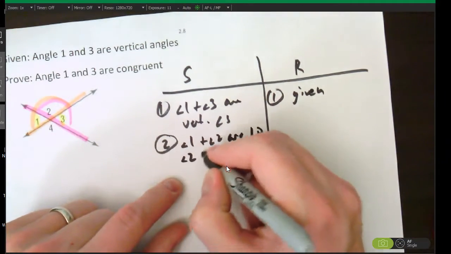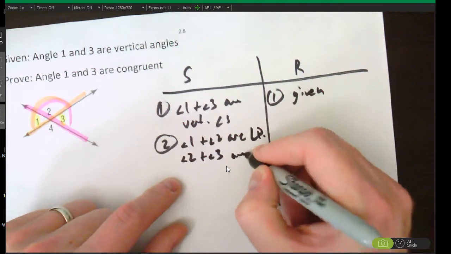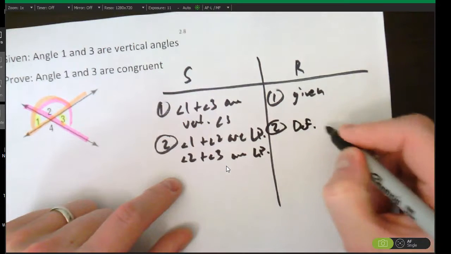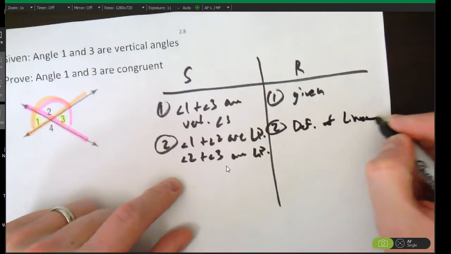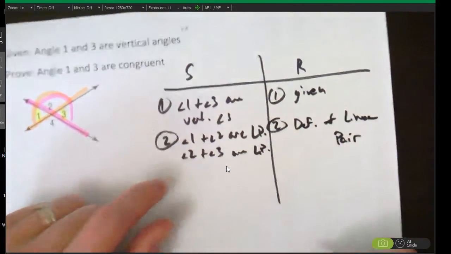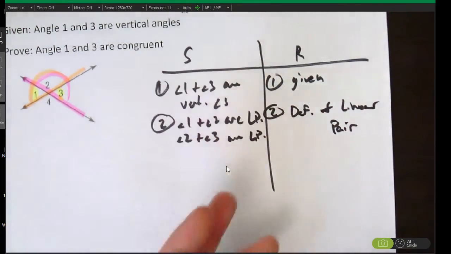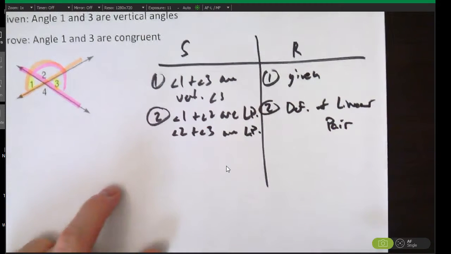And angle 2 and angle 3 are a linear pair. That's just the definition of linear pair. And again, I know this is sloppy, but this is supplemental, so if you can't read it, come in and ask me. I'll go through it with you.